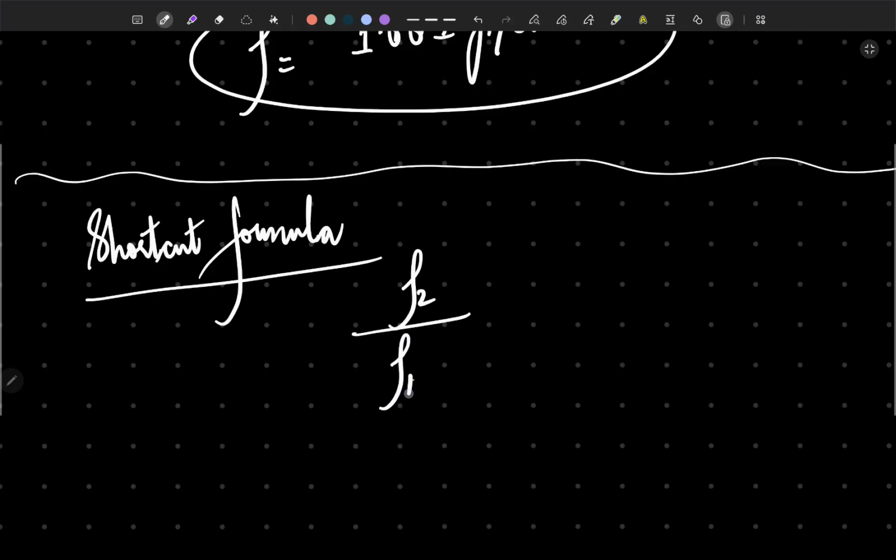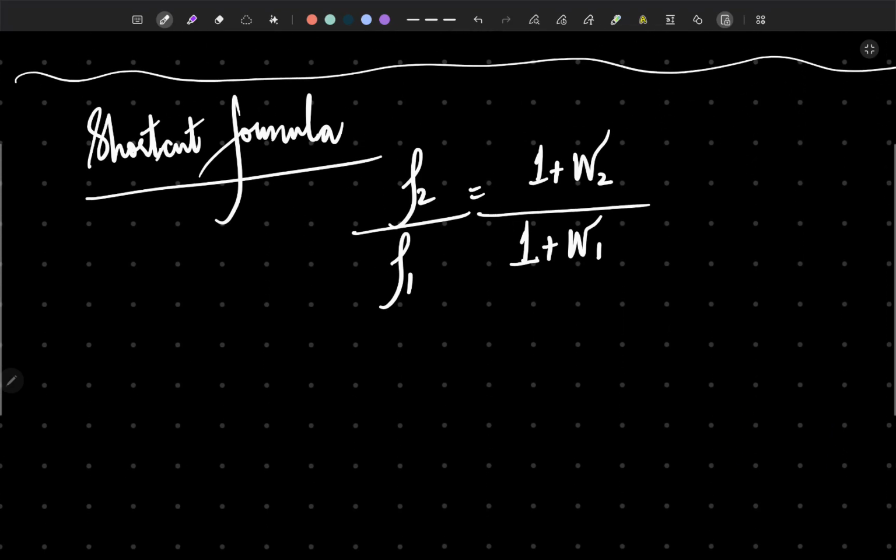The shortcut formula is: bulk density 2 divided by bulk density 1 is equal to (1 plus W2) divided by (1 plus W1). This avoids the need to find the dry density separately. We have to find the bulk density 2.